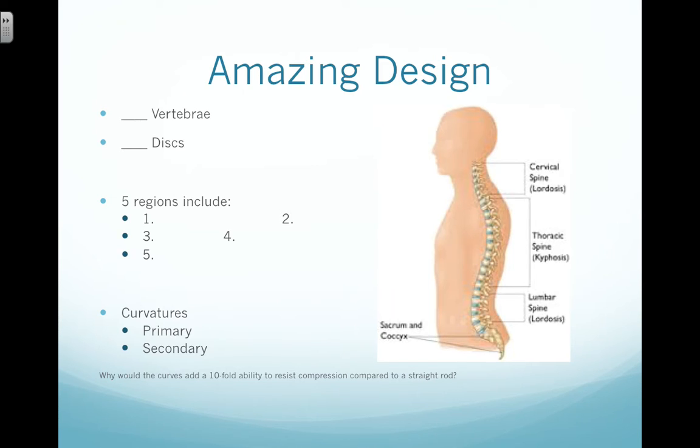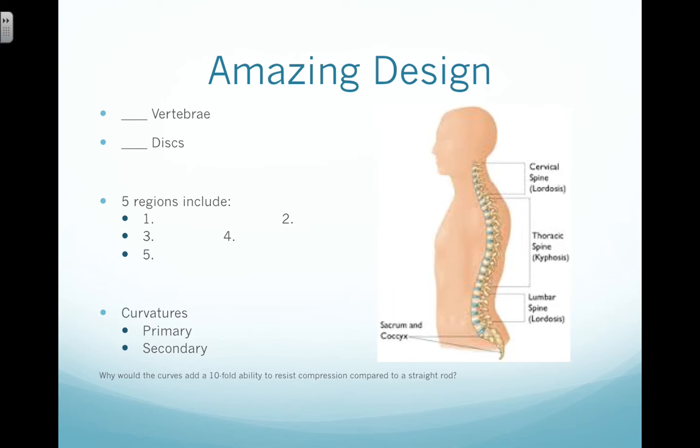Our secondary curves start to develop as we start to move into an upright position, and those are really our kyphotic curves and our lordotic curves, understanding that the posterior convexity is described as our kyphosis curvatures, and then our anterior convexity are described as our lordotic curvatures.